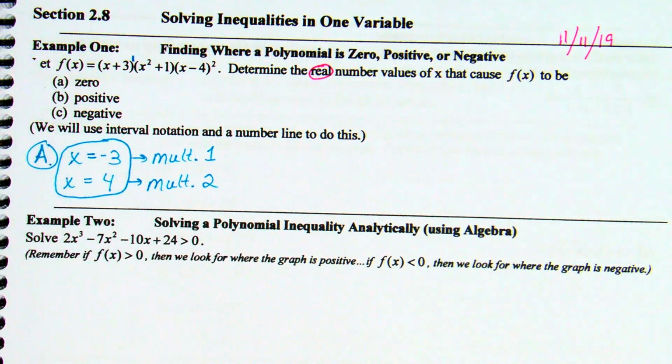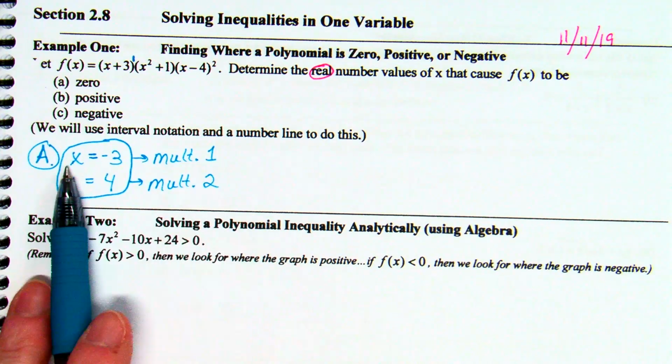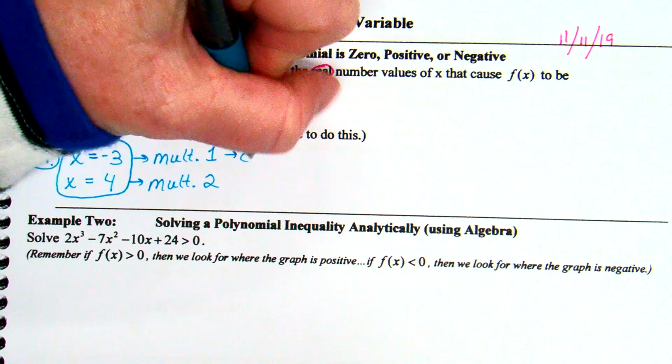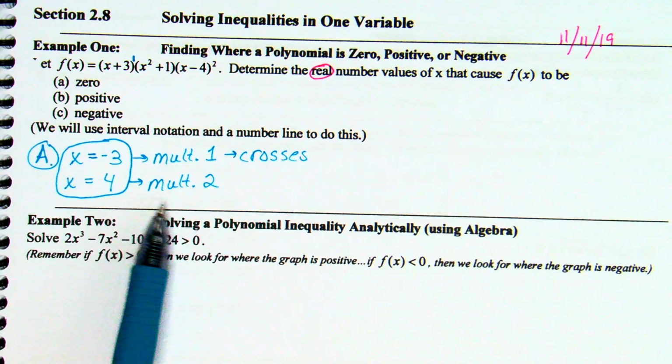What do these multiplicities mean is happening? Do you remember how it designates crossing or touching? If the multiplicity is odd, like 1, it's crossing. So if we graph this on our calculator, my graph is going to cross the x-axis at x equals negative 3. x equals 4 has a multiplicity of 2.